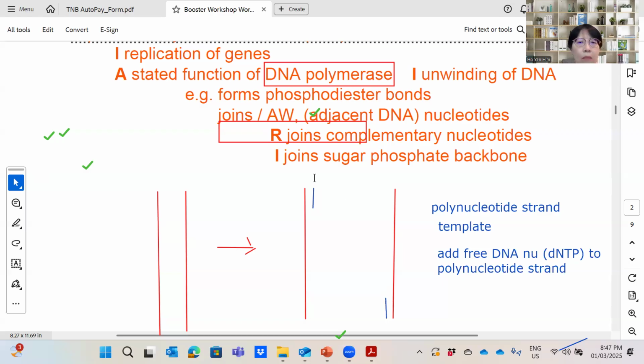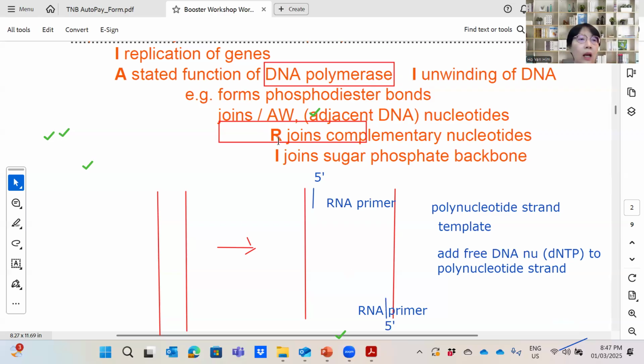Of course, this one must be 5 prime, right? Because DNA will grow from 5 prime to 3 prime. So the new strand must start from 5 prime. So this is called the RNA primer. So both of these are called the RNA primer. It acts as a short DNA strand, but actually it's an RNA primer.